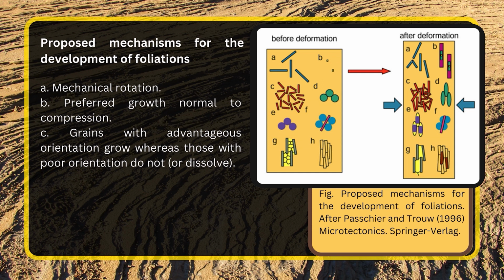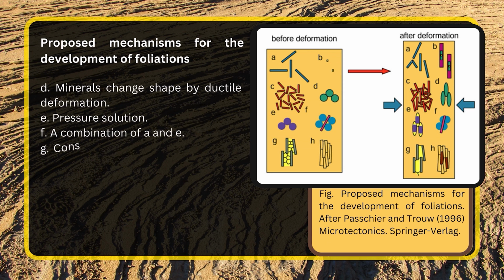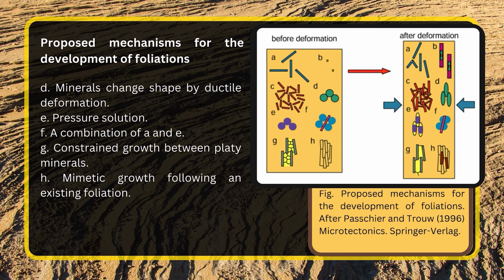C shows grains with advantageous orientation grow, whereas those with poor orientation do not or dissolve. D, mineral changes shape by ductile deformation. E, pressure solution. F, combination of A and E. G, constrained growth between platy minerals. H, mimetic growth following an existing foliation.